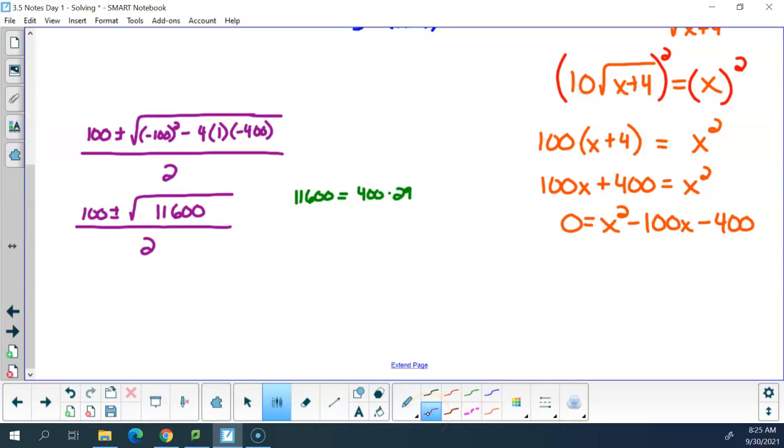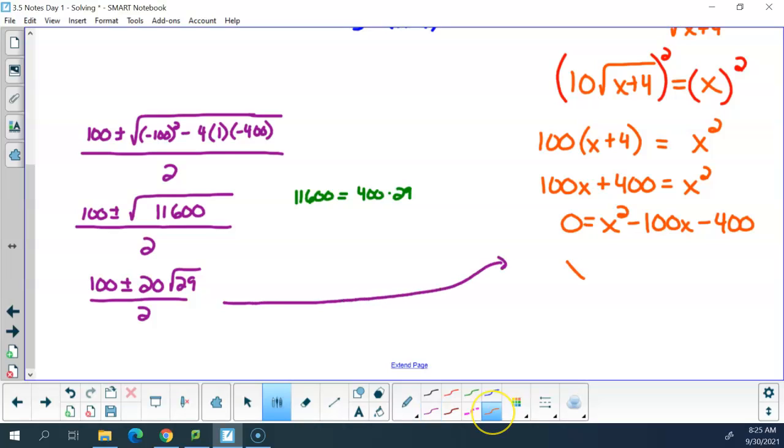Yep. So this is 100 plus minus 20 square roots of 29 all over 2. So x here is equal to 50 plus minus 10 square roots of 29.